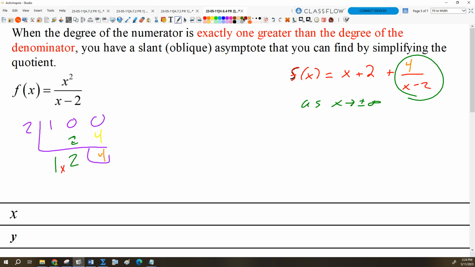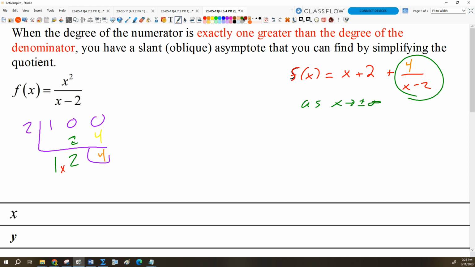It's going to get smaller. What's it going to approach? As x approaches infinity, you said the fraction gets smaller, which it does. What does it approach? 4 over infinity would be, you said it. What is it? 0. Yeah, it approaches 0, right?